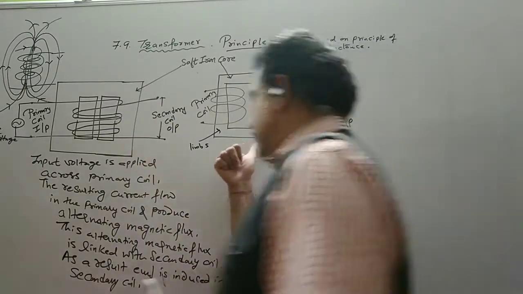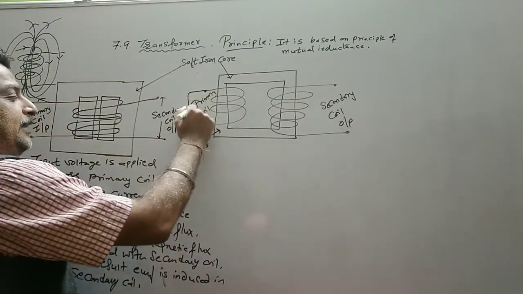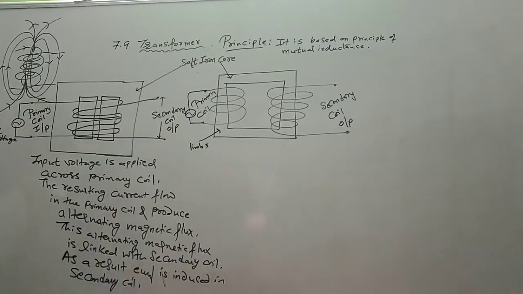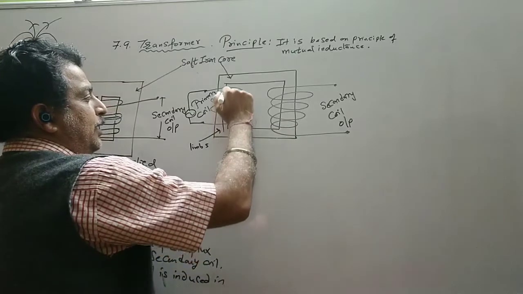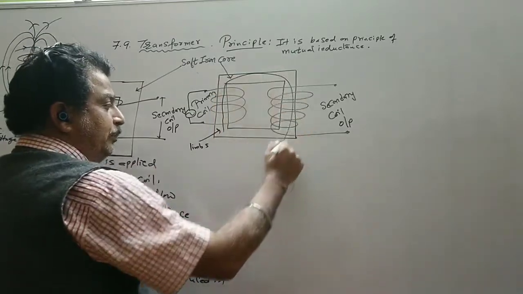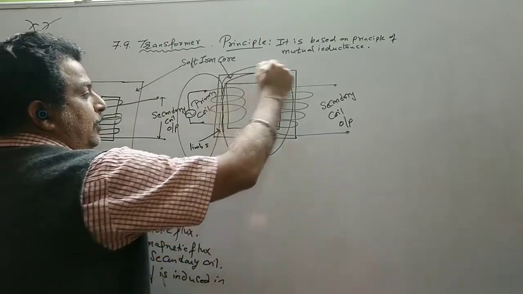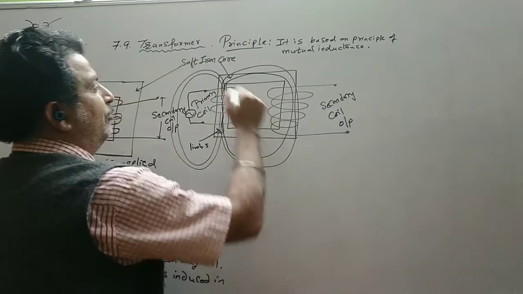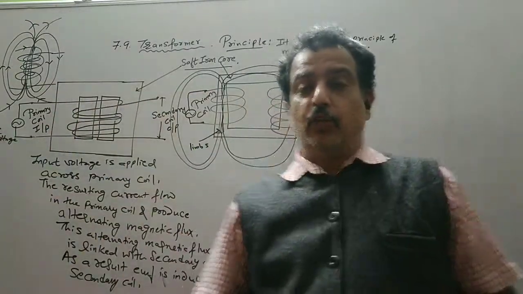Now come to this side. Again, we connect an AC supply or AC voltage to the primary coil. So the magnetic field will be produced in it, or you can say magnetic flux. This magnetic flux is linked to the secondary coil with the help of the soft iron core. Now what is the property of a soft iron core?